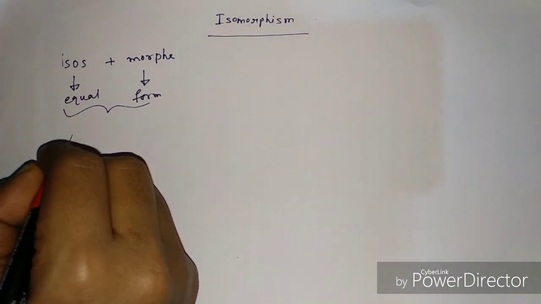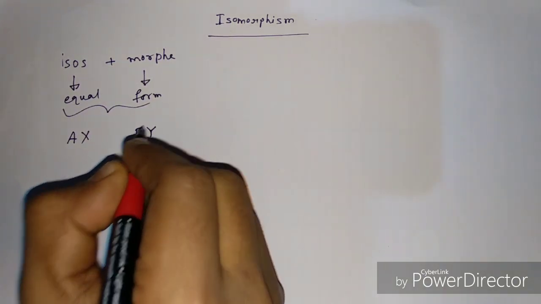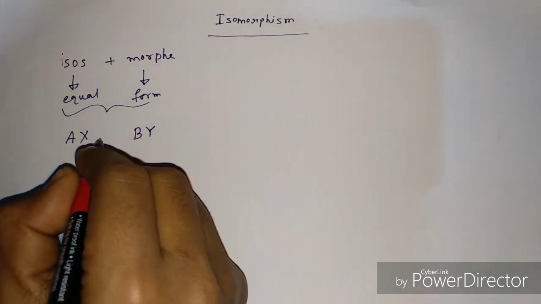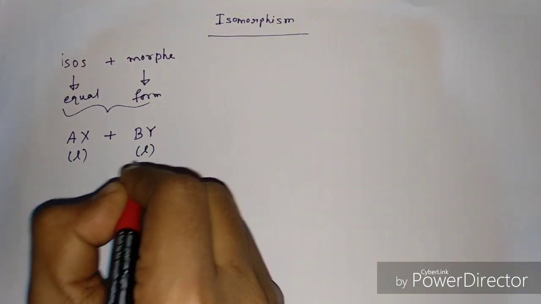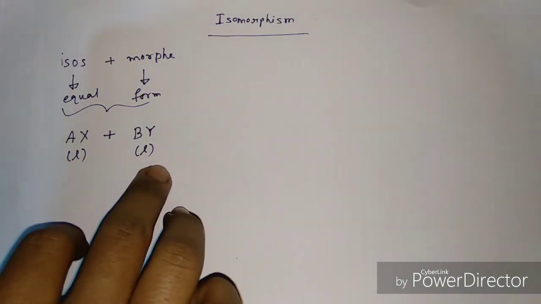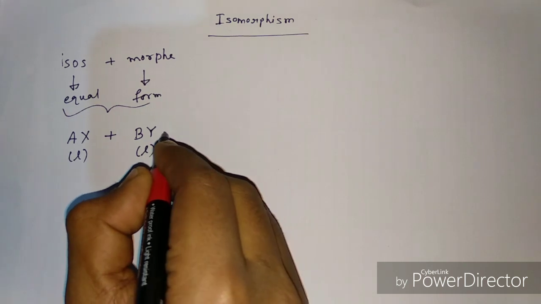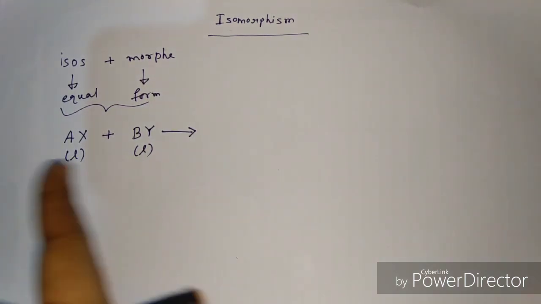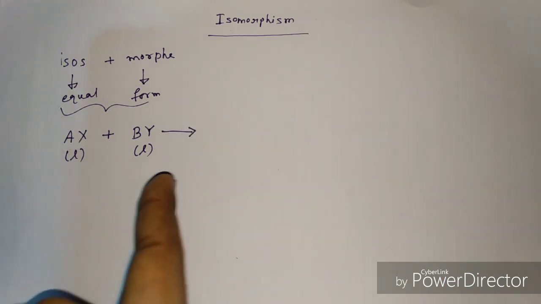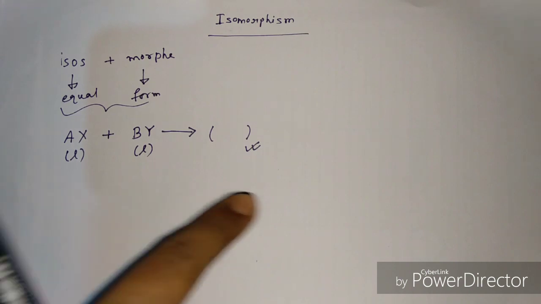Let us consider an example. Suppose AX is an ionic compound and BY is an ionic compound. Suppose they are both in liquid form and mixed. When we keep it in a vessel and let it crystallize, a crystal will form in which both of them are present.